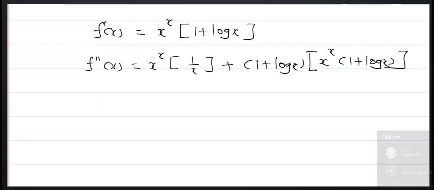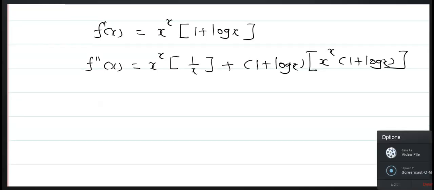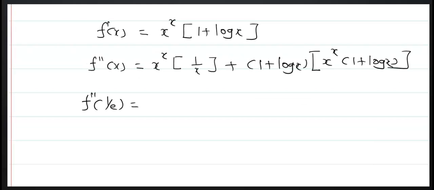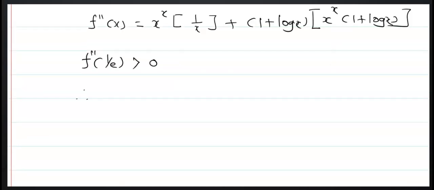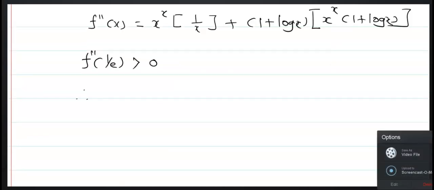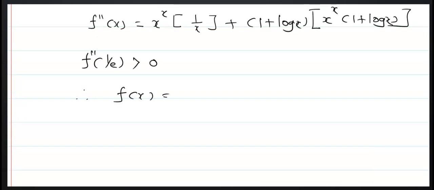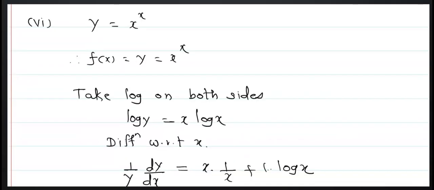And if you substitute the value x is equal to 1 upon e, then this will be positive, which is greater than 0. Hence, by the second derivative test, it is a minimum. x raised to x is a minimum at x is equal to 1 upon e.